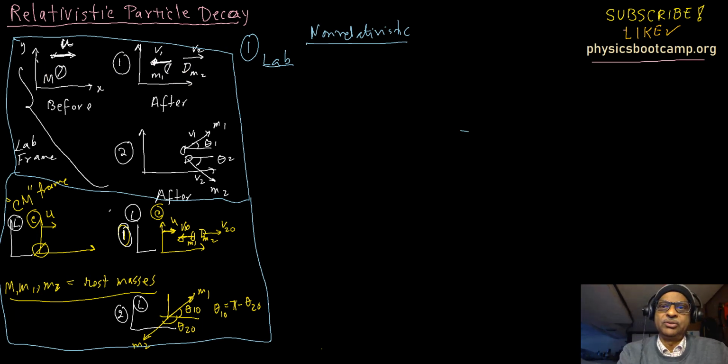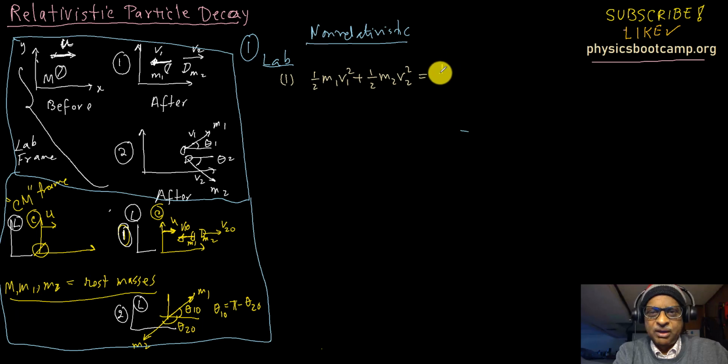For energy conservation, energy here equals energy here. So it's half m1 v1 squared plus half m2 v2 squared equals half M u squared plus binding energy.